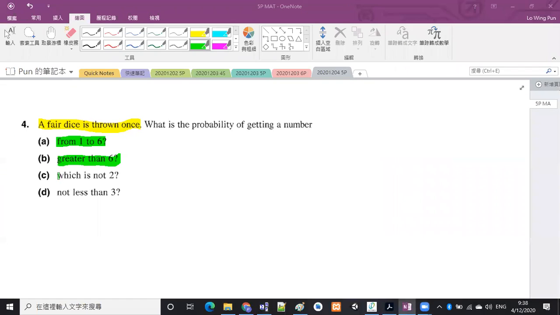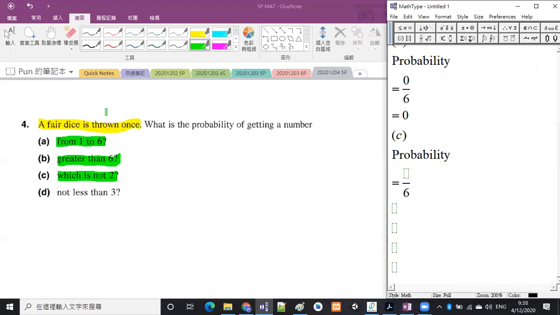Okay, in part C, the requirement is that it is not 2, not equal to 2. So among the 1, 2, 3, 4, 5, 6 outcomes, how many of them are not equal to 2? Will be just 5. Okay, it's 1, 3, 4, 5, 6. They are not equal to 2. So 5 of them can satisfy this requirement. Okay, and then, well, this is the answer because 5 over 6 cannot be simplified.